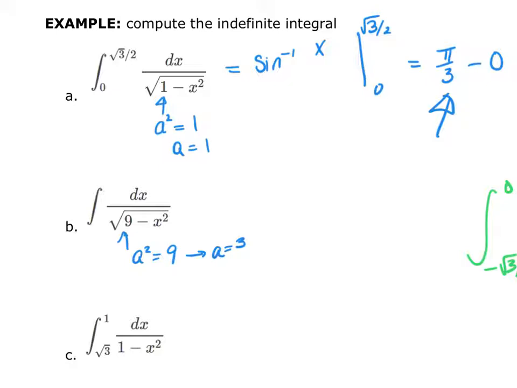So on B, this is going to be equal to the sine inverse of x over A, which is 3, the absolute value of 3, plus C. Now, because I'm using the positive 3, I can go ahead and take those absolute values off.